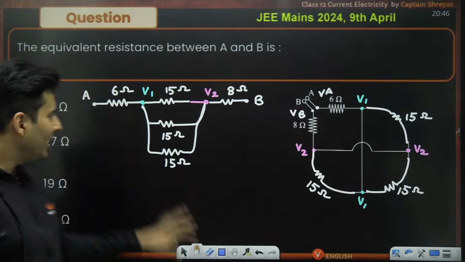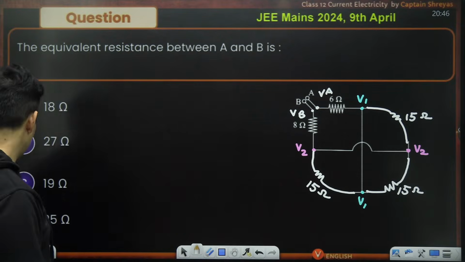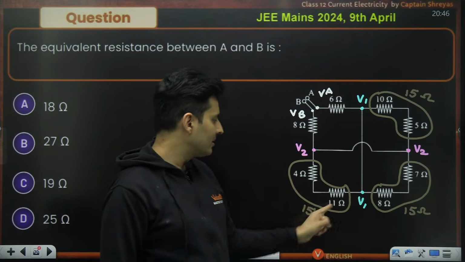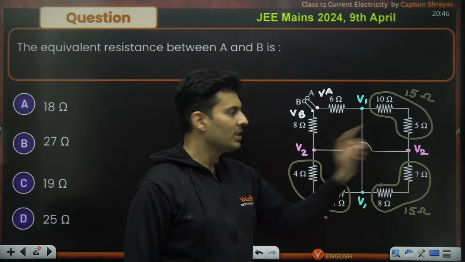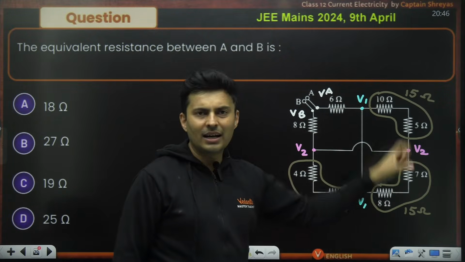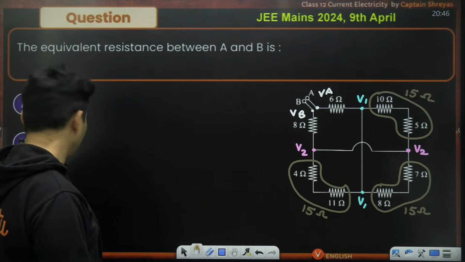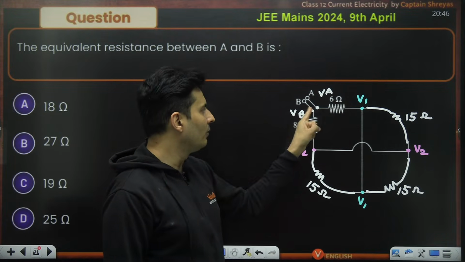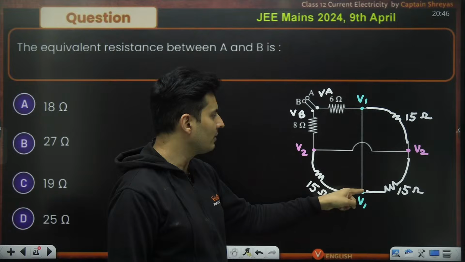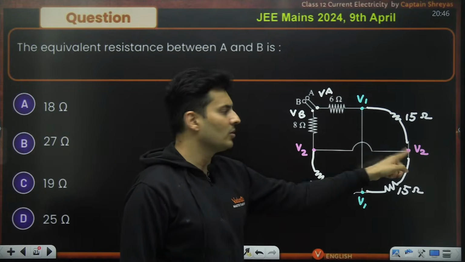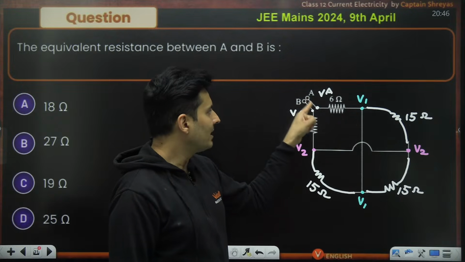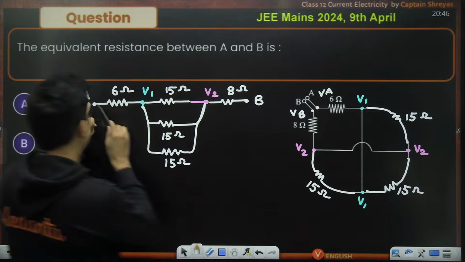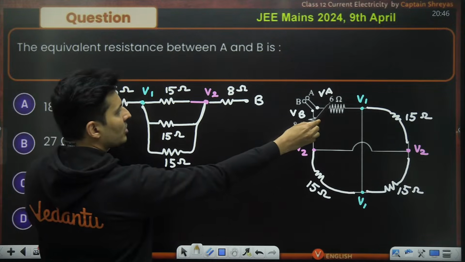So in this particular problem, what we first did, we saw there are some simple series resistors. Like this is 15, this is 15, 10 plus 5 is also 15. So first we condensed these three series resistors into 15, 15 and 15. Now we mark the voltages. If this is V1, this is also V1. If this is V2, that is also V2. So we started from A, we proceeded towards V1. We encountered 6 ohms.